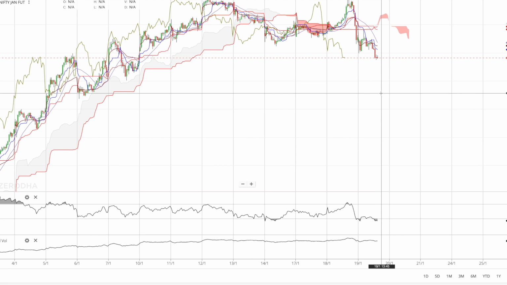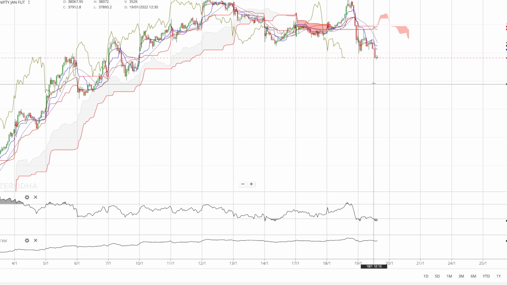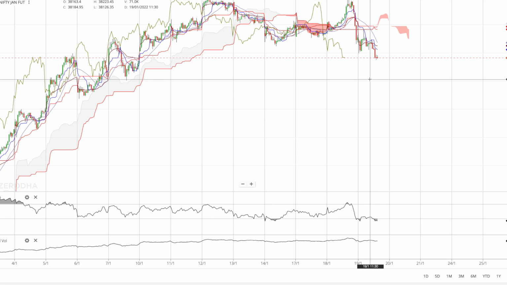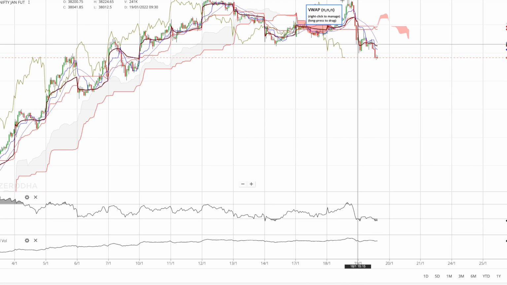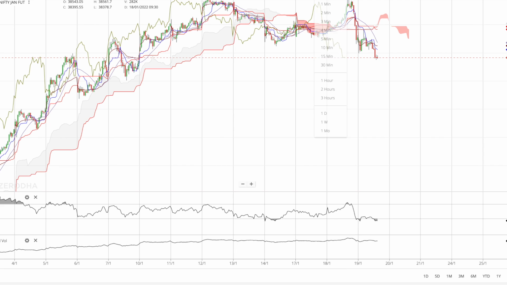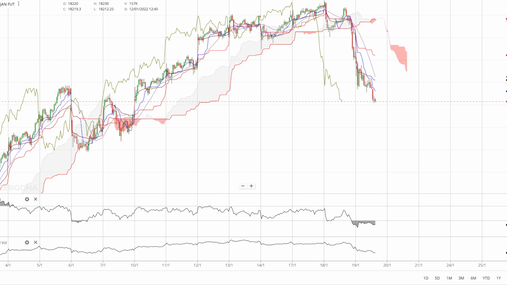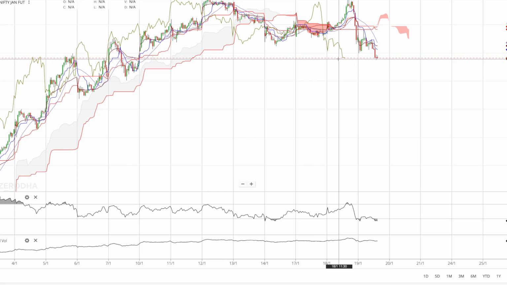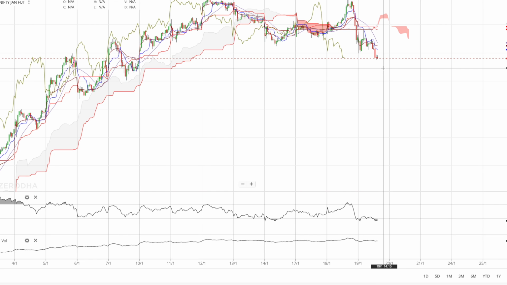So 37,200 is also in view, 37,500 is possible today itself, or it is a potential target. But from where the two are right now, Nifty will just give me 50 points, right? Whereas Bank Nifty would give me 200 points, but 100 equivalent Nifty points, right?